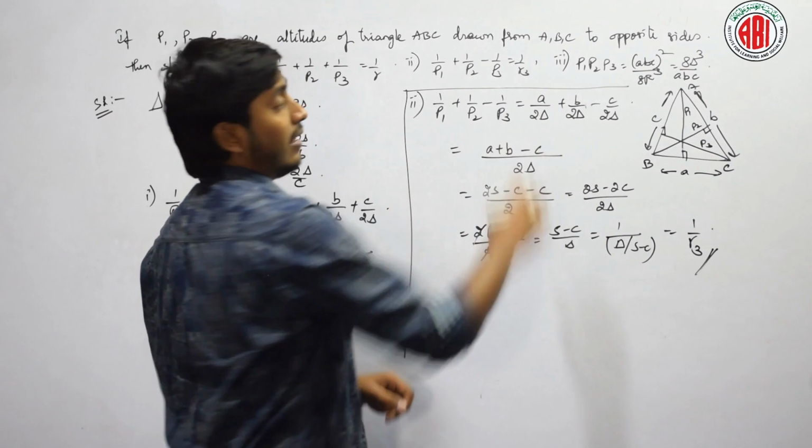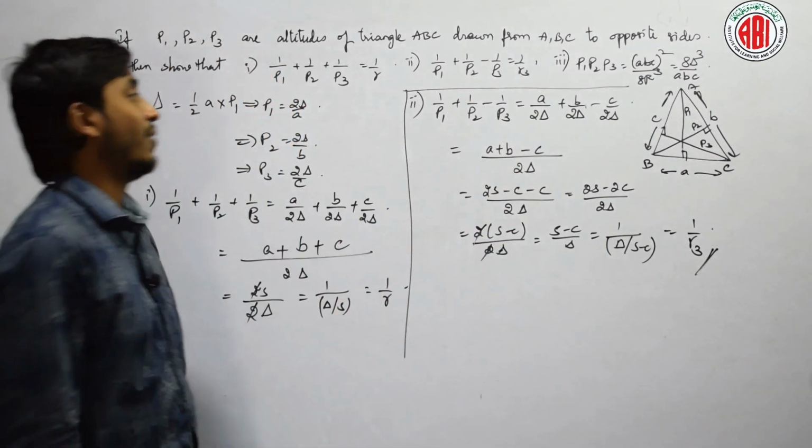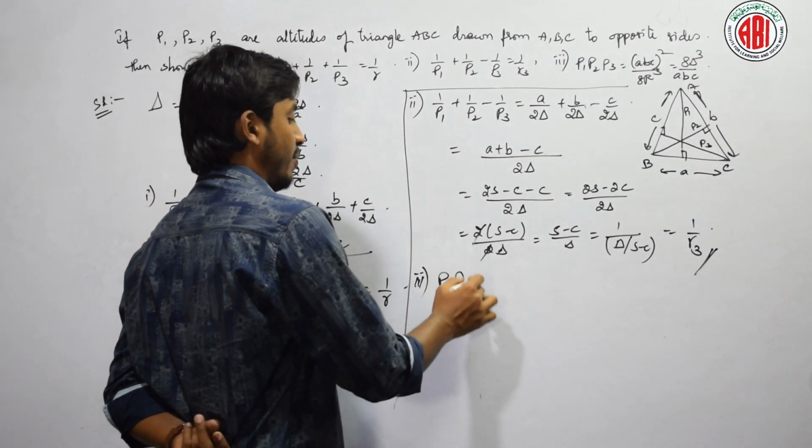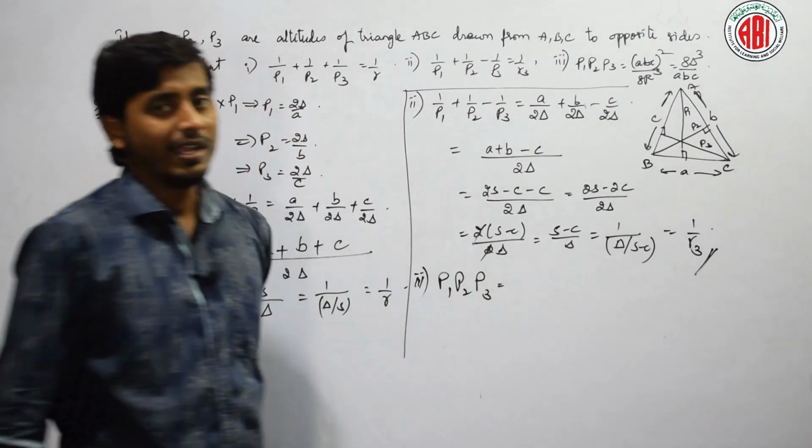r3. Is it right? And the third one is still more easy. P1, P2, P3 is equal to, just substituting the values.